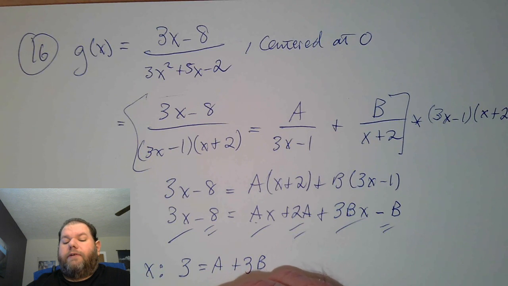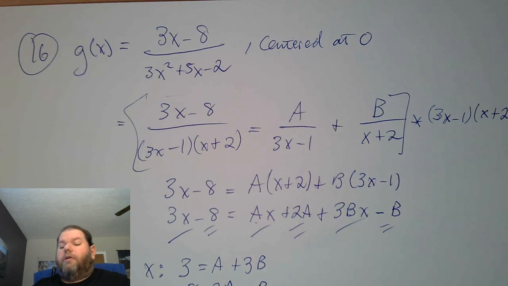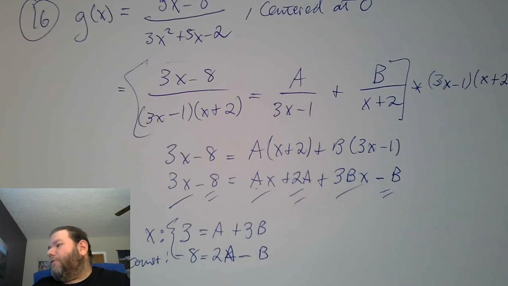And for our constants, we have negative 8 is equal to 2a minus b.